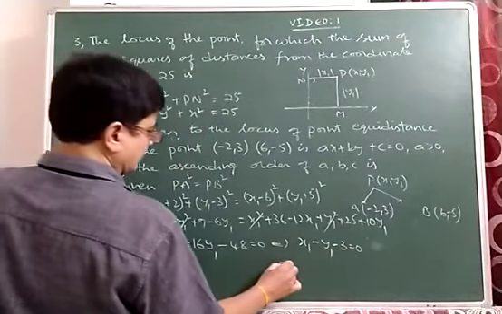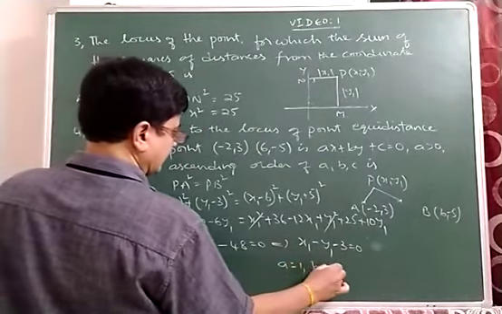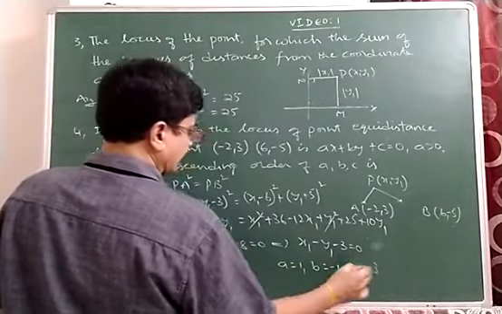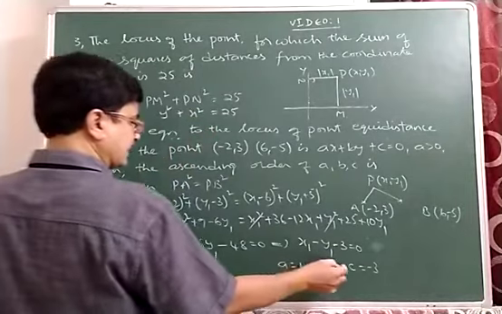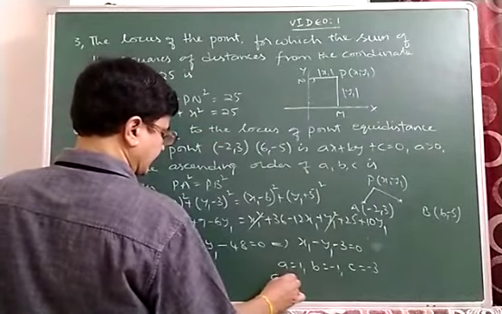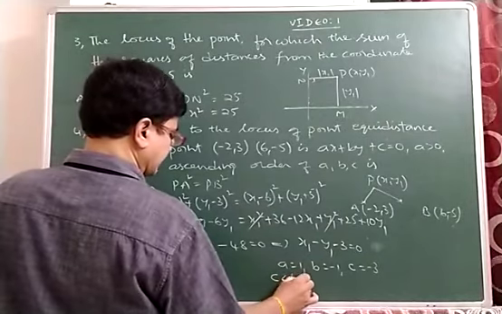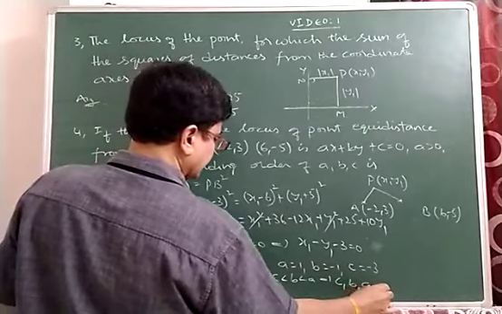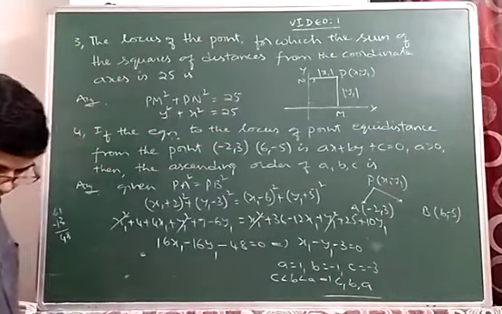Now a is equal to 1 and b is equal to -1, c is equal to -3. Ascending order. Here c is less than b is less than a. So that implies c, b, a is the ascending order.